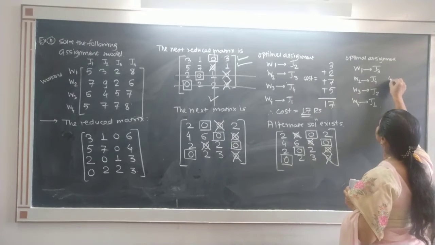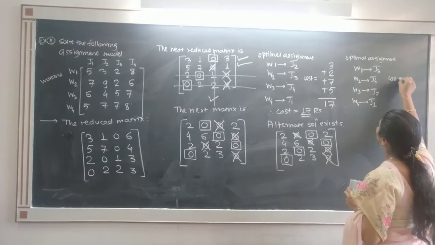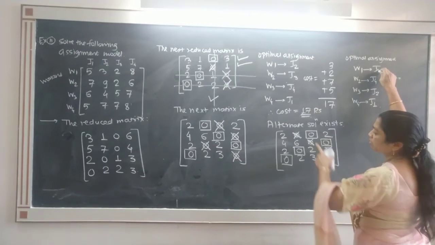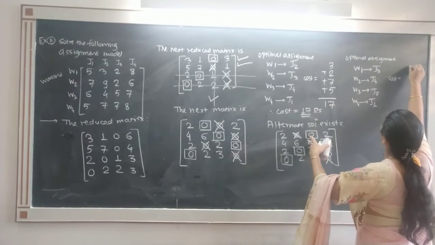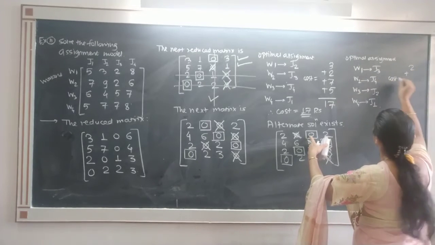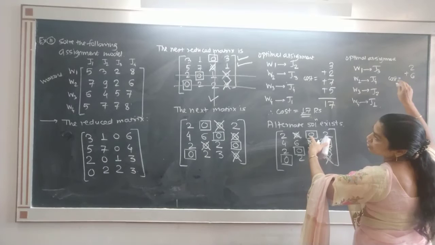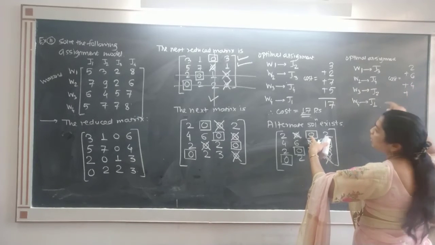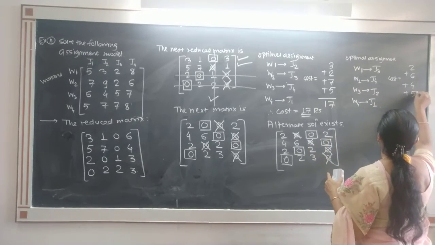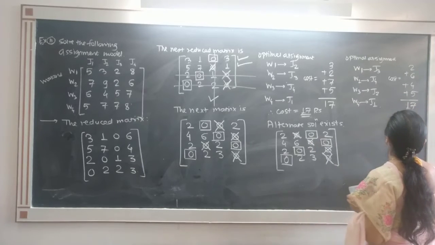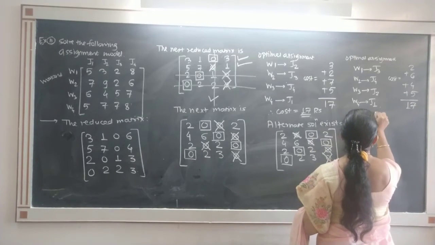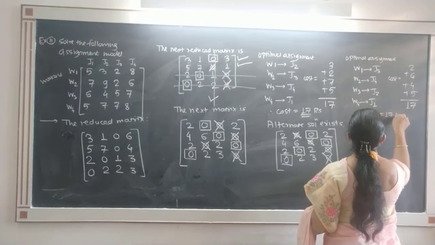And see the cost. For J3 it is 2 plus J4 6 plus J2 4 plus for J1 5. The total again comes to be 17. So the cost comes to be 17 rupees.